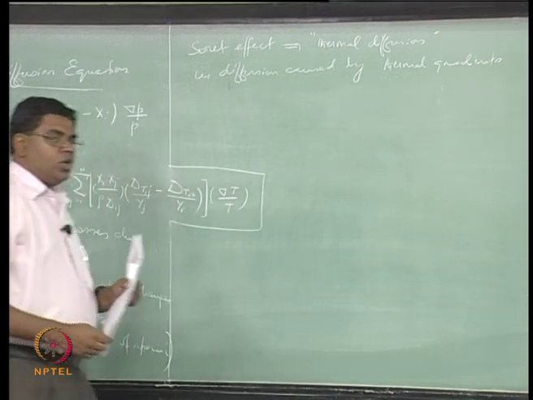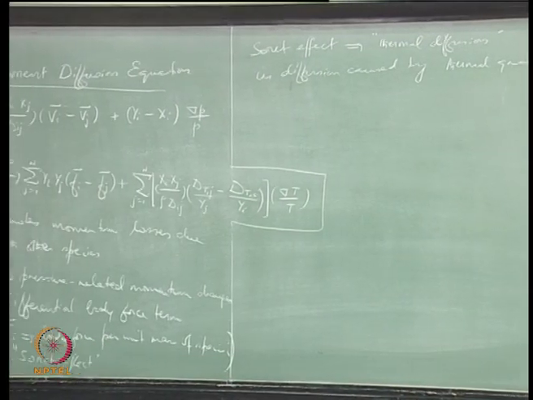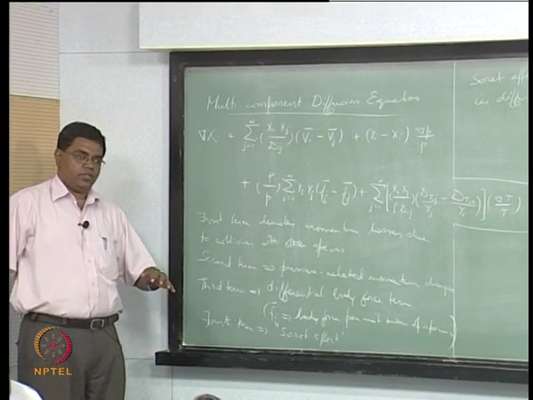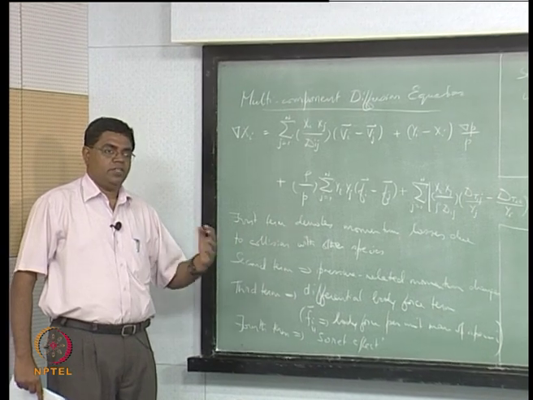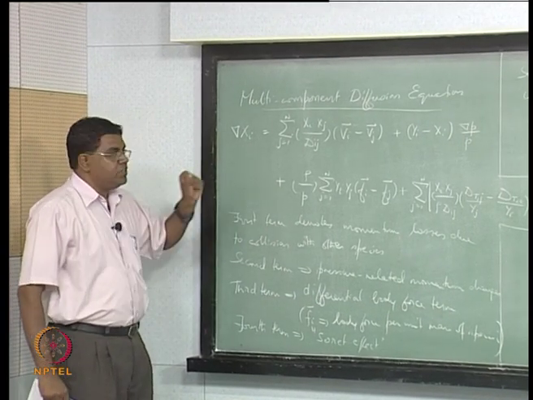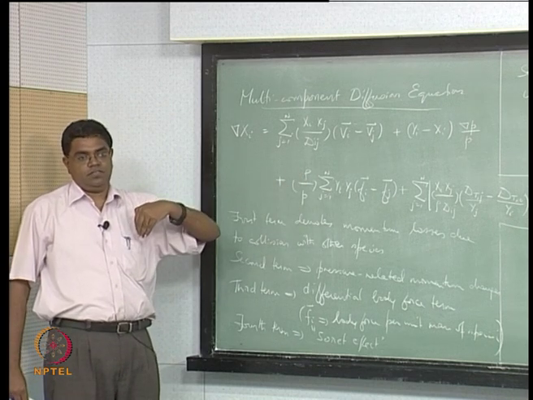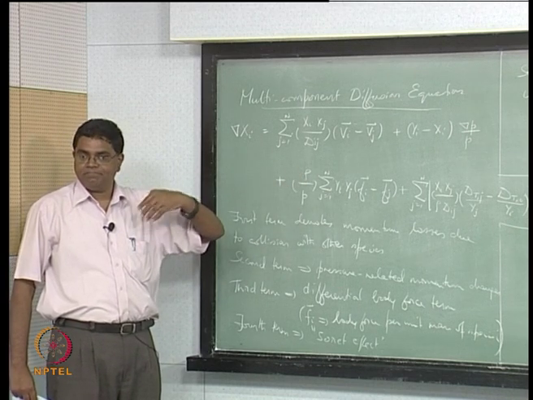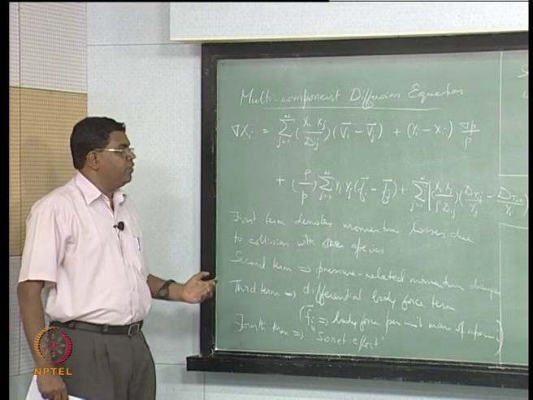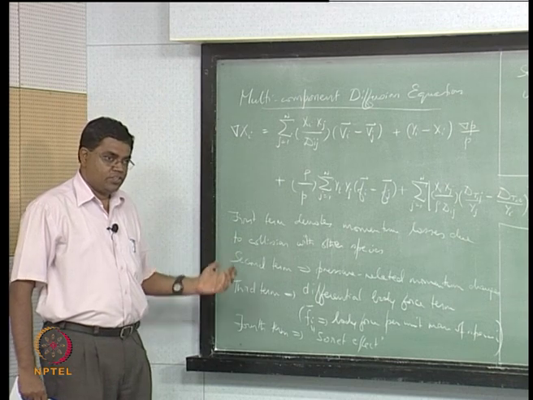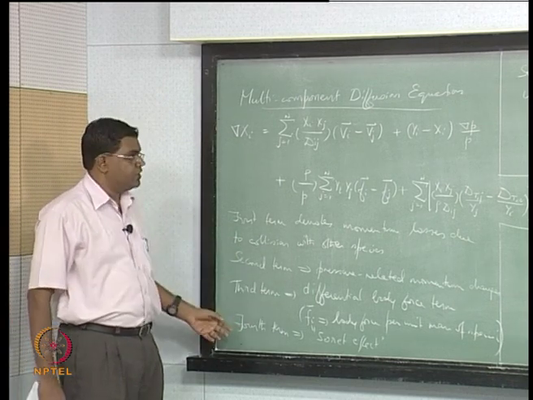When we are looking at the energy balance, we will look at the opposite possibility, that is, if you now have species of different concentrations, that could give rise to a heat flux. We will call that the Dufour effect, and this is the Soret effect. These are named after these scientists.